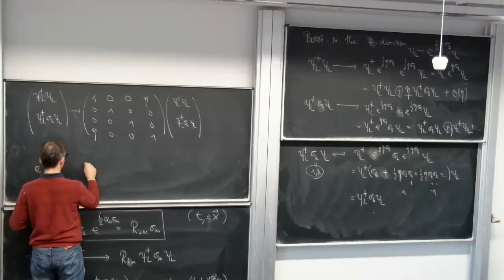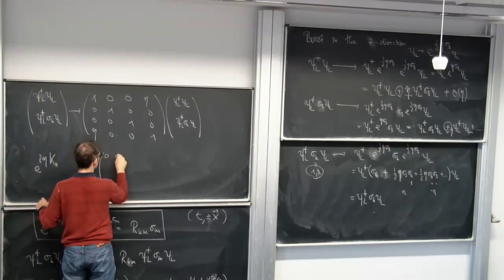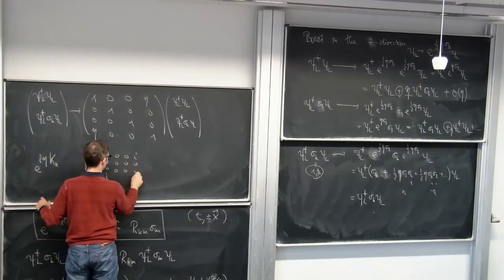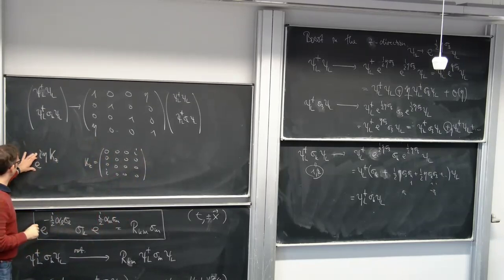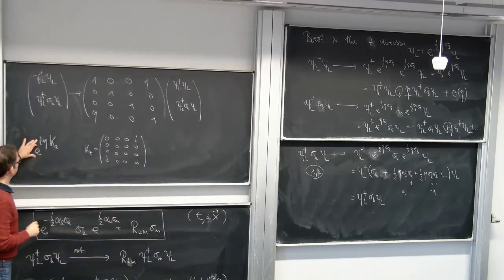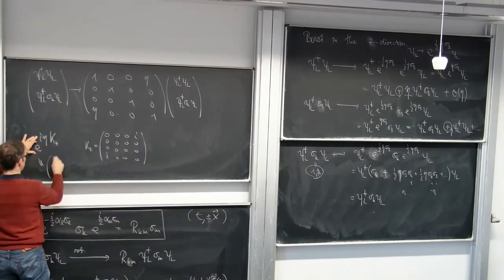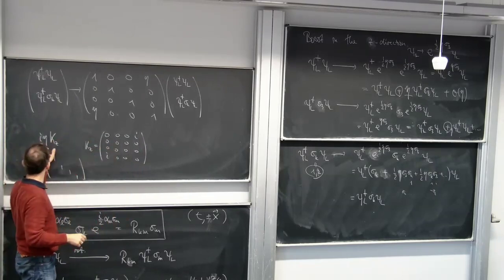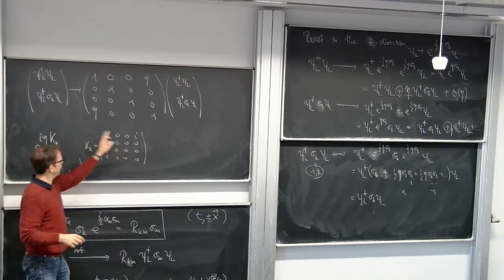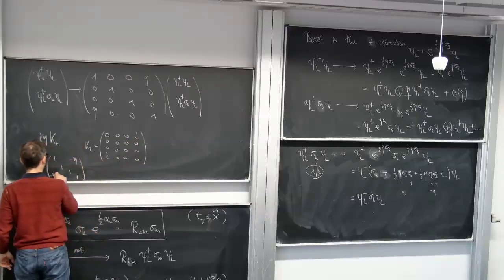And K_z was this thing: 0, 0, 0, i, 0, 0, i, 0, 0, 0, and zeros. So to linear order this thing has the one along the diagonal, and then we have i times eta times this. It's minus eta, minus eta.